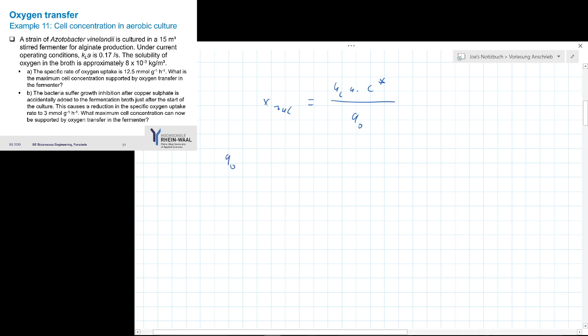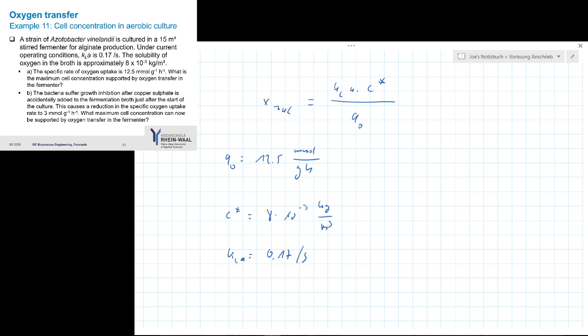Q0 is 12.5 millimole per gram hour. Our C star is, where are we? 8 times 10 to the minus 3 kilograms per meter cube. KLa is 0.17 per second.